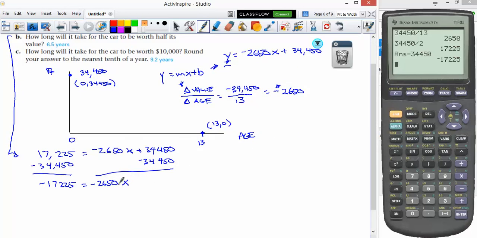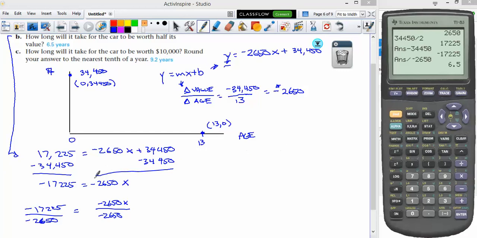And now to find x, I'm going to divide both sides of the equation by negative 2650. Divide that by negative 2650. 6.5. So x is equal to 6.5 years. And that's actually the answer that they had in the book as well.